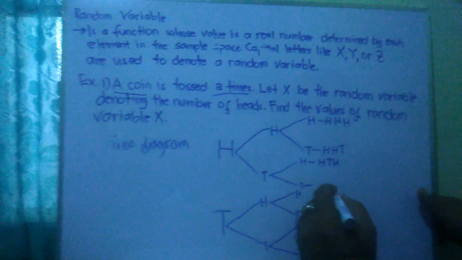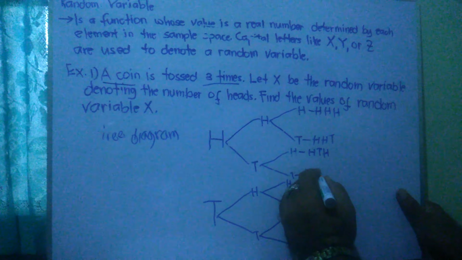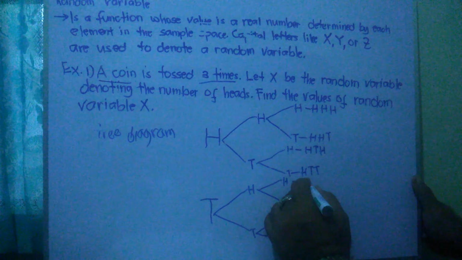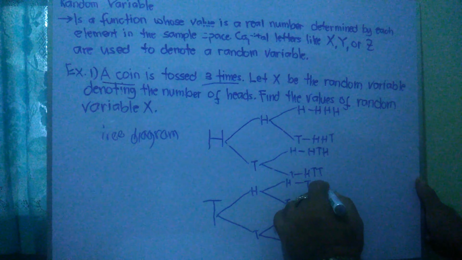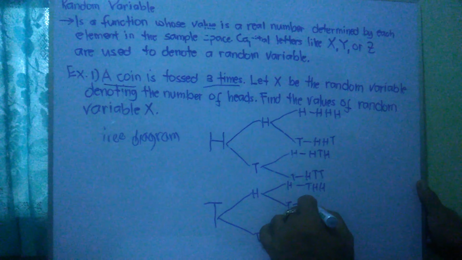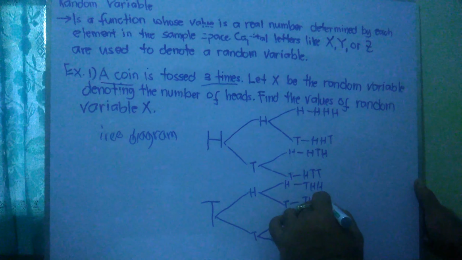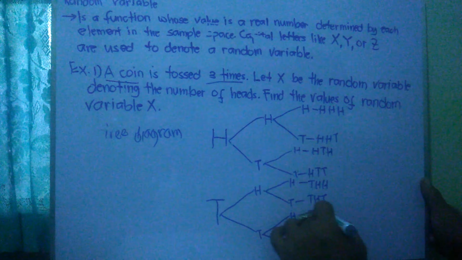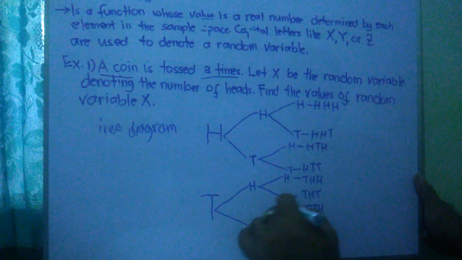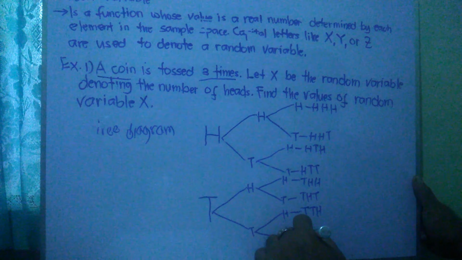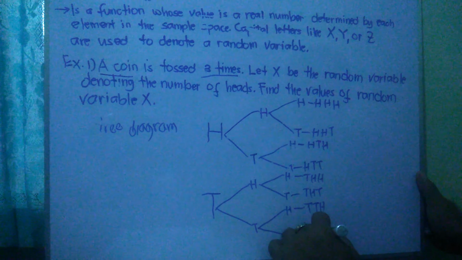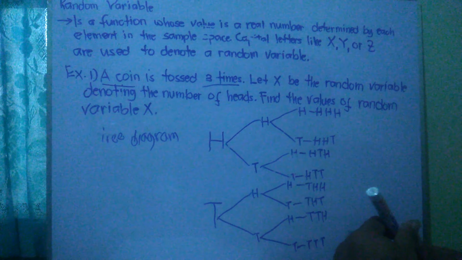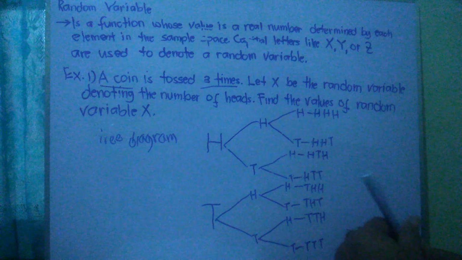The fourth, head, tail, tail. The fifth, tail, head, head. The sixth, tail, head, tail. The seventh, two tails and one head, and the last, three tails. So we have eight possible outcomes.